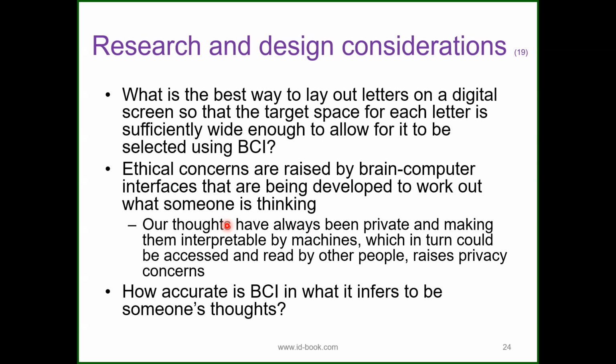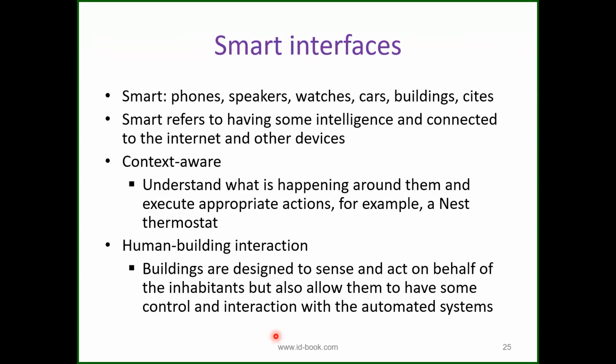But because we want to use it in special cases like paralyzed people, mentally ill people, or criminals, it is helpful, however, it raises ethical concerns. How accurate is BCI in what it infers to be someone's thoughts? Is it going to give you the correct answer always or not?